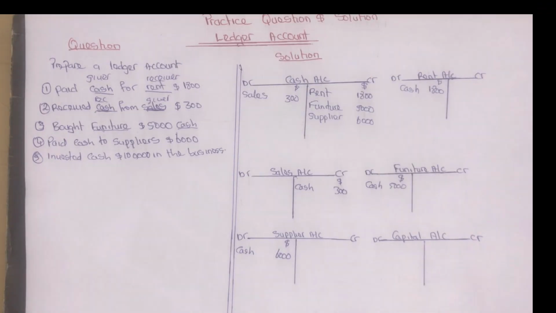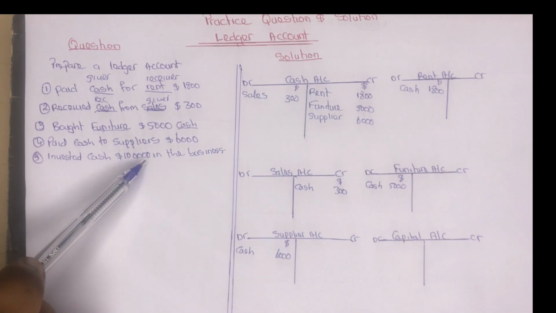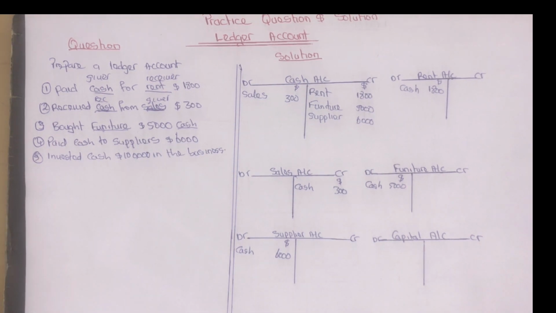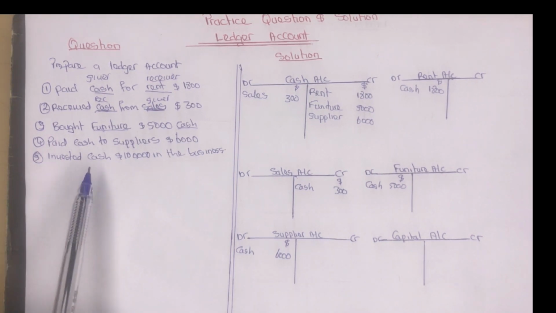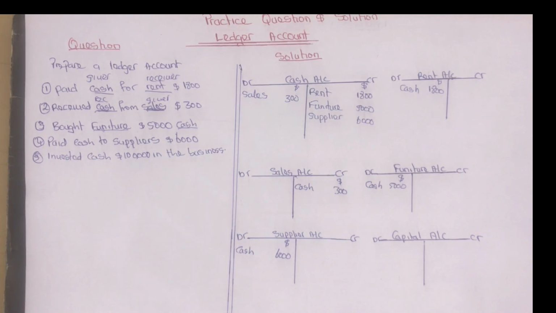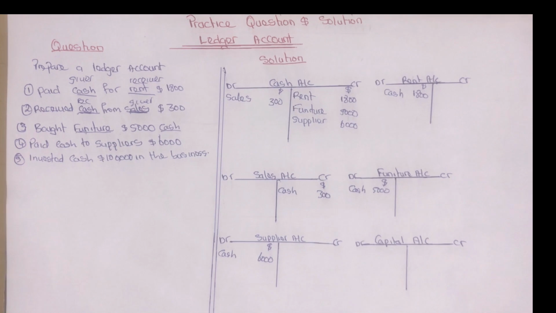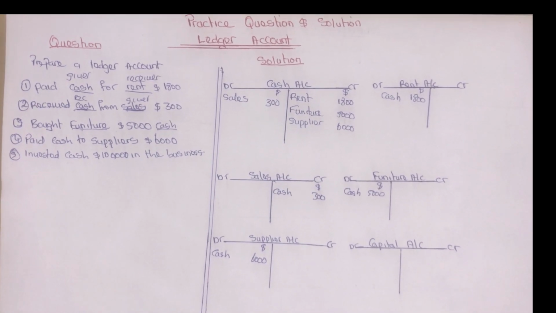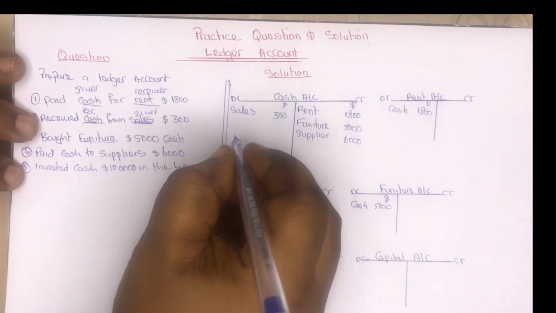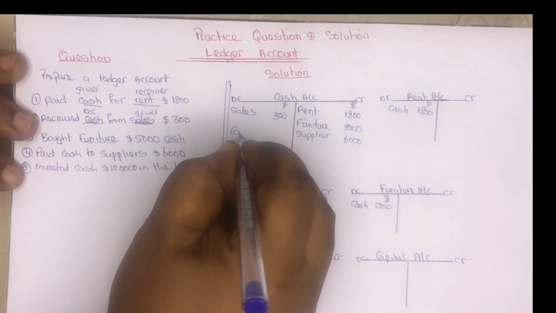So the last transaction says invested cash, $100,000 in the business. So the two accounts here are the capital account and the cash account. So if we invested $100,000 into the business, it means that the business is receiving cash for capital.